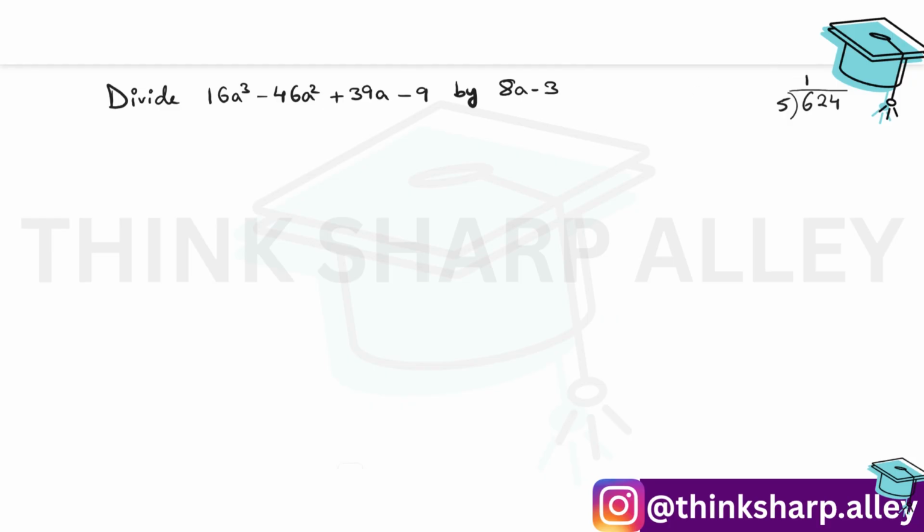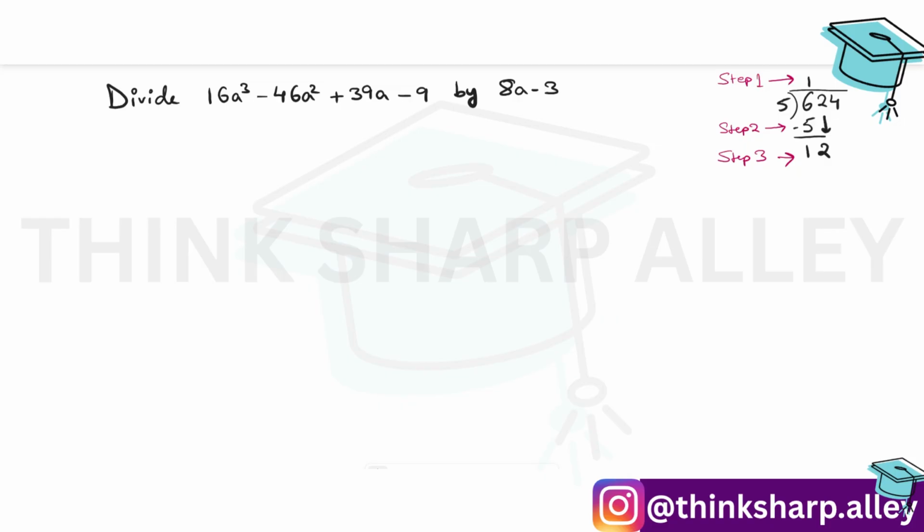So we write 1 in the quotient, and we multiply 5 and 1 and write 5 under 6. So this is our step 2. Let me mark over here. Now step 3, we subtract. So 6 minus 5 is 1. That's step 3. After which we bring down the next digit, which is 2 in this case, and repeat the same process.